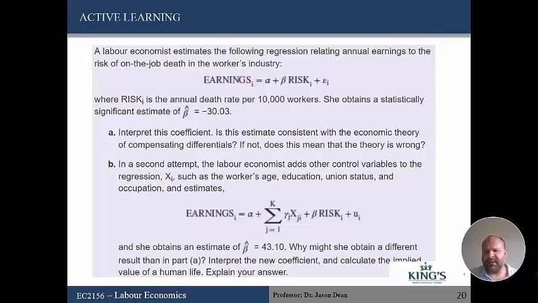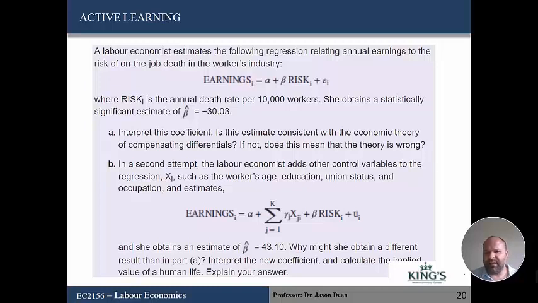In a second attempt, the labor economist adds other control variables to the regression, such as the worker's age, education, union status, and occupation. These are important controls that we would want to have in there, so we hold other things constant, like age, education, union status, etc. When we do that, we get a positive estimate of 43.10. Now let's interpret this and calculate the implied value of a human life.